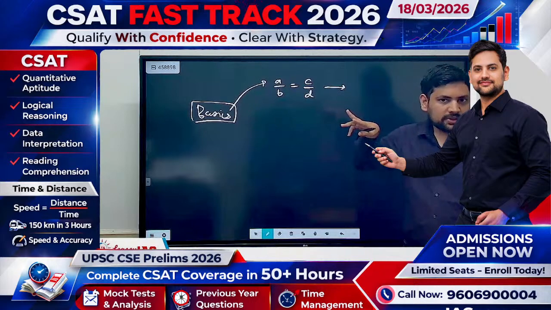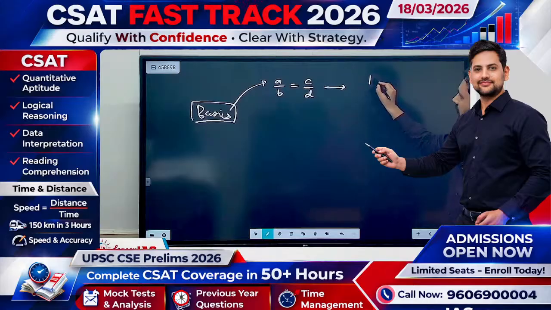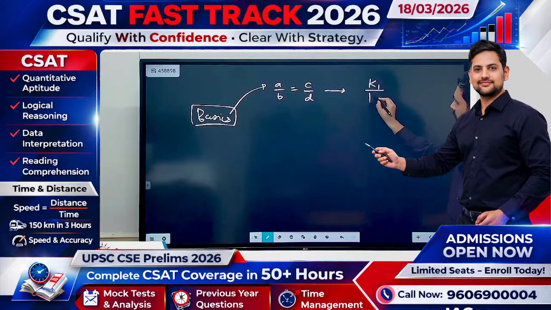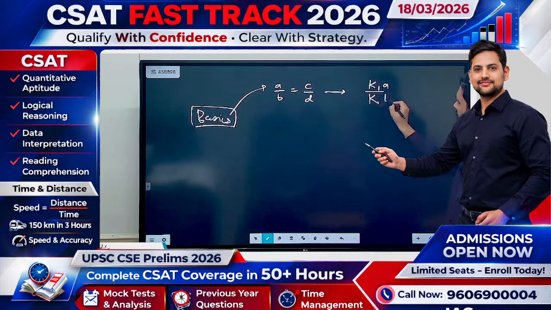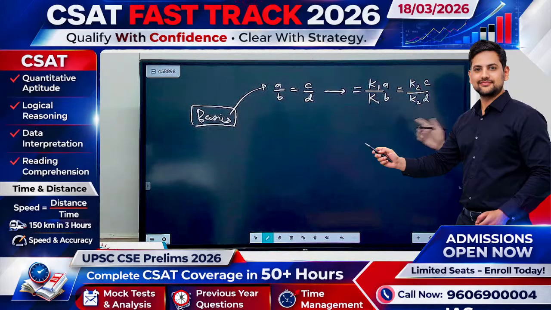It does not have any problem, correct? So basically, A by B is equals to C by D. So this can be written as K1 by K1, A by B. Is this equal to them? Why it is equal? Because K1 and K1 will cancel out, correct? Now, this is also equal to some other K2C by K2D. Correct? K2 and K2 will cancel out.